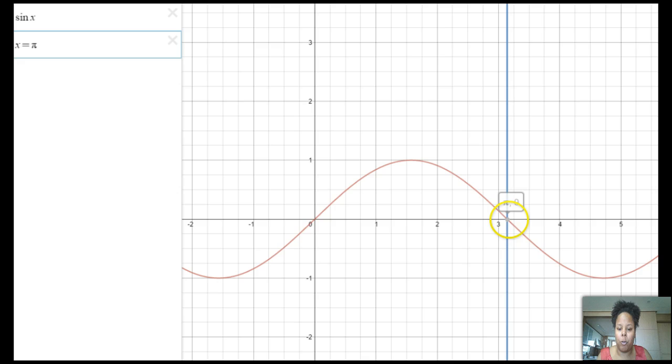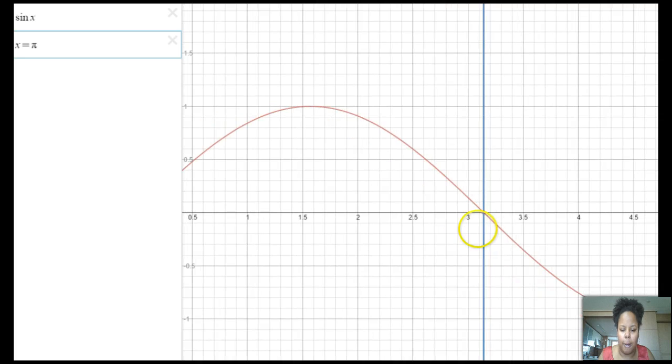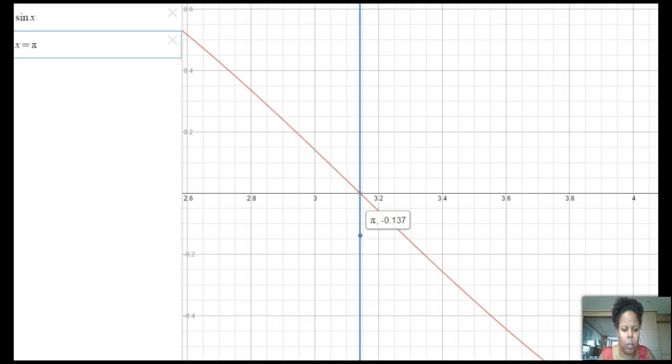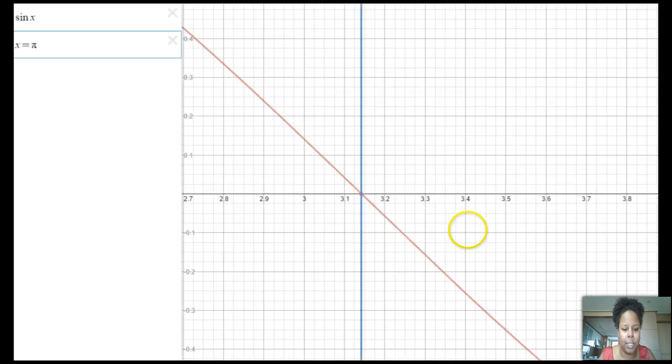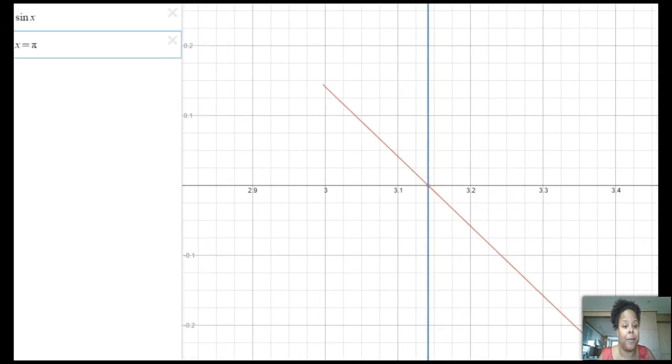Okay, so what we're going to do graphically is to see what the rate of change of the secant line and tangent line is going to be as we zoom in. And this is where they start talking about the slope of the curve. As we zoom in closer and closer to 3.14, what kind of shape is the function now looking like? It's looking like a linear function with negative slope at this point.